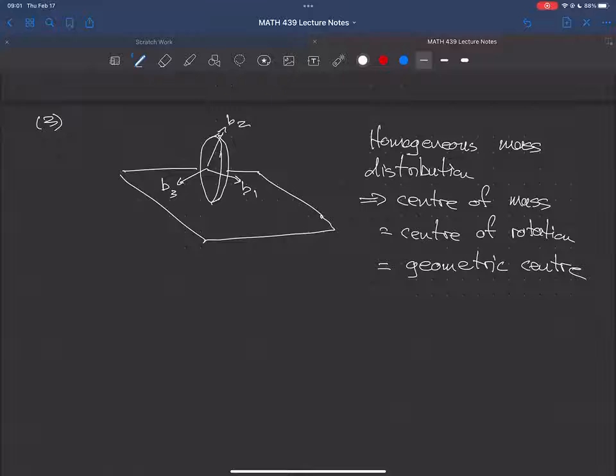And so if I use the property that the shape is just like I drew it here, a disk with some kind of constant thickness, and it has a homogeneous mass distribution, what special attributes do you think this body has that will contribute to its inertia tensor being simple to calculate?